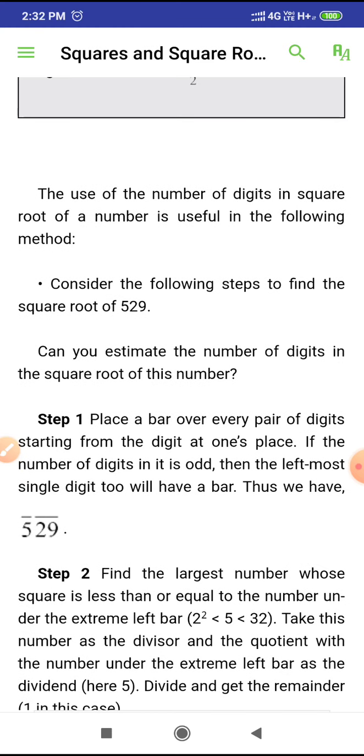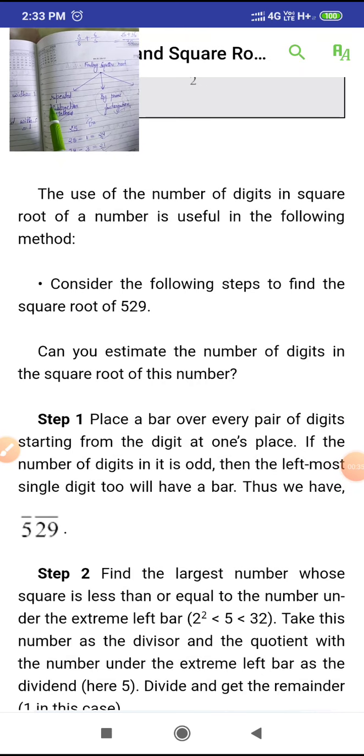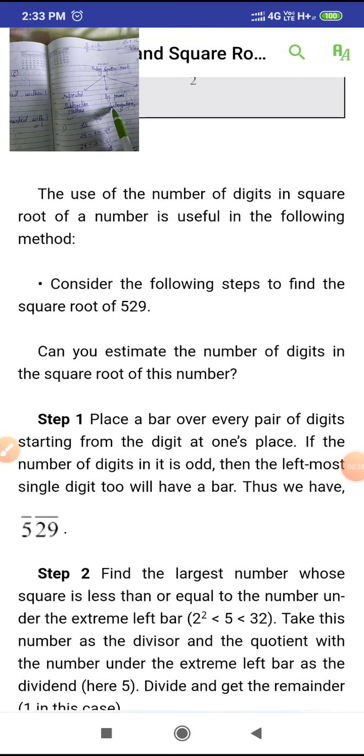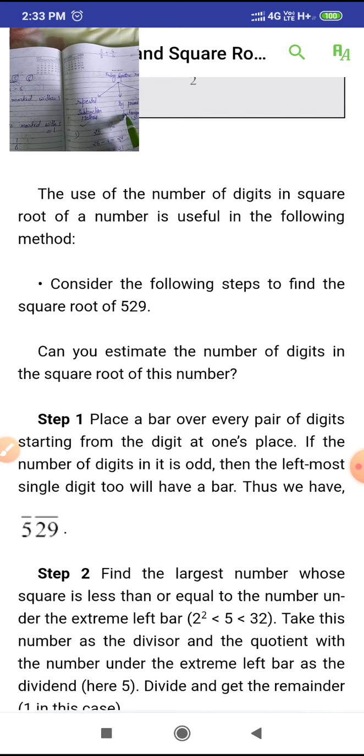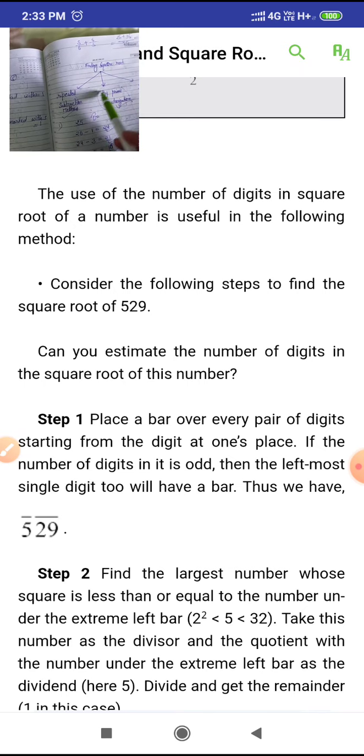In my last video, I explained two methods to find the square root of any perfect square number: the repeated subtraction method and the prime factorization method.